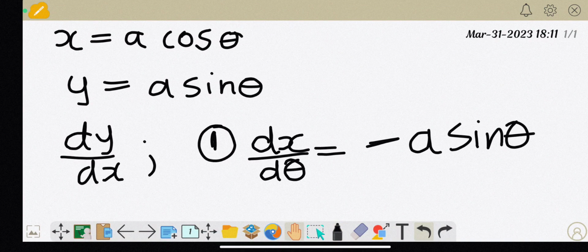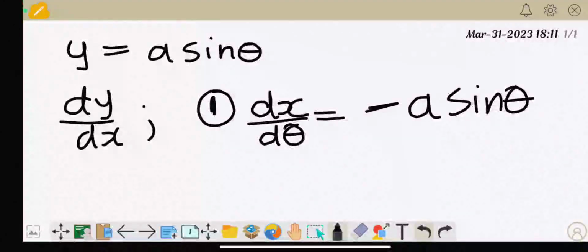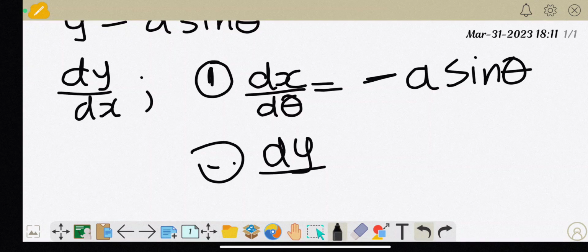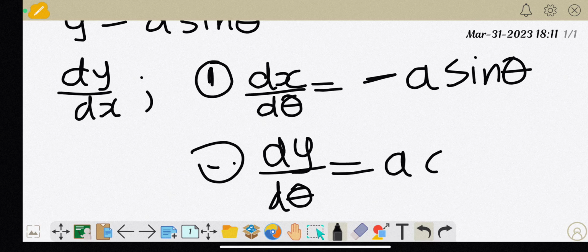And what is the differentiation dy by d theta? It is a cos theta, correct?